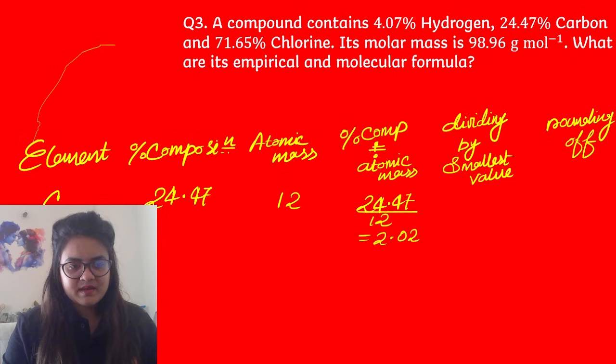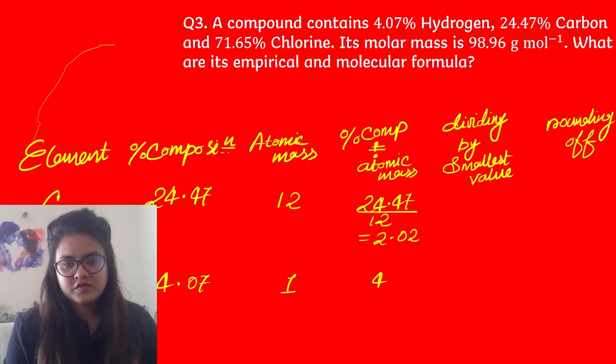Let's proceed the same way with hydrogen. Hydrogen I'm having 4.07%. Atomic mass, we know, is 1. So here also we will get 4.07, right? Now for chlorine, you will get 71.65% and we know the mass is 35.65.